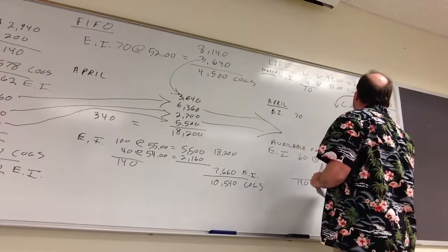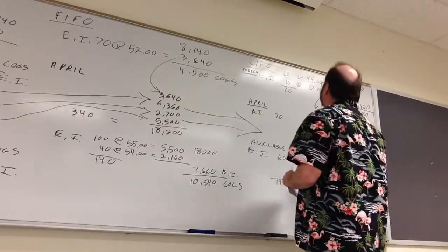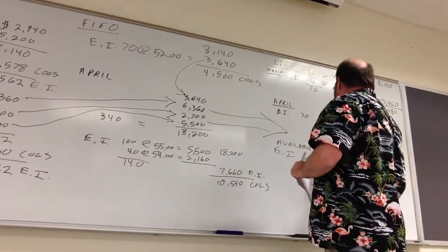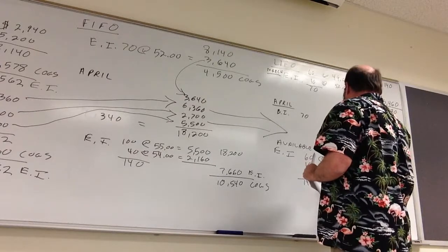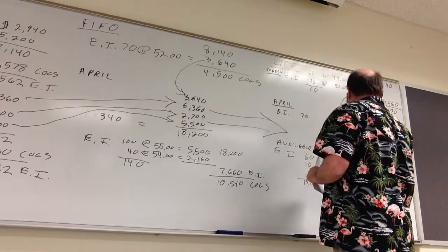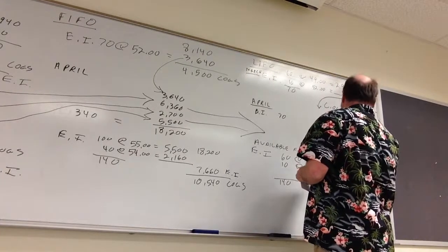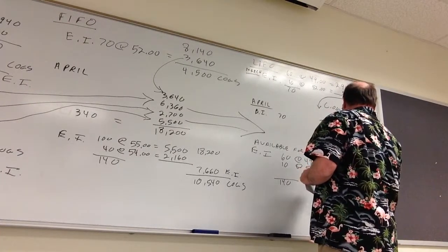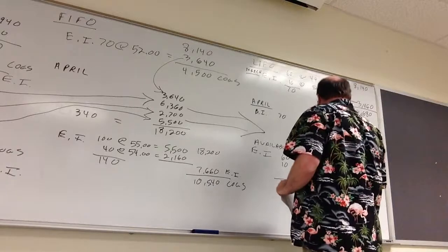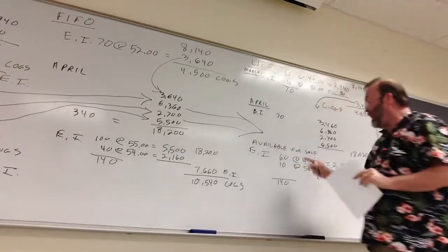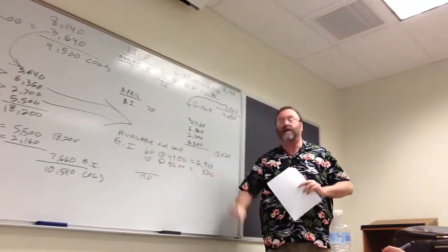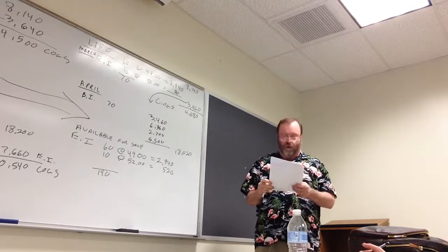That's 2,940. We still have 10 at 52. That's 520. So that's 70 out of the 140.